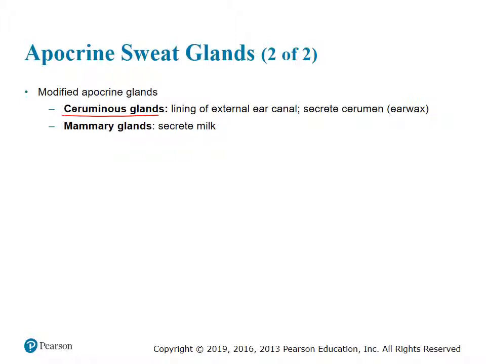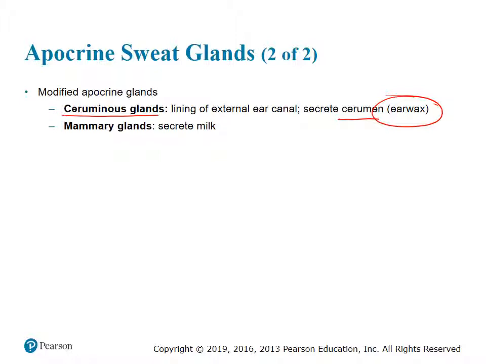This lines the external ear canal. We're talking about all the way from the outside part of the ear, over by the canal, all the way through the canal or the tube, all the way to the eardrum, right? That's the external ear canal. Lining all of that tissue are these glands that secrete cerumen, which is the textbook name for earwax, right?